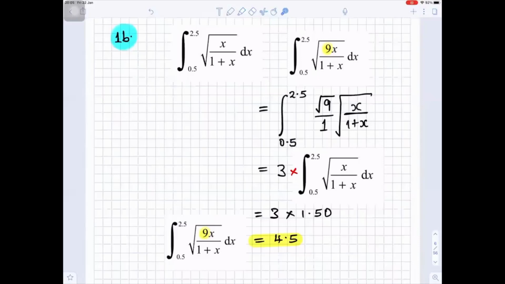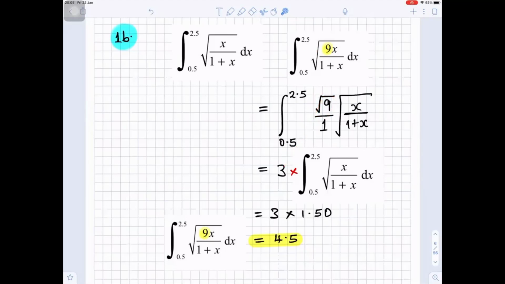For part B, we know that the value for 9 then is the difference between what we used the trapezium rule formula to work out. So it's square root of 9 times x. So we can take the 9 out and find the square root of 9. Square root of 9 is 3.